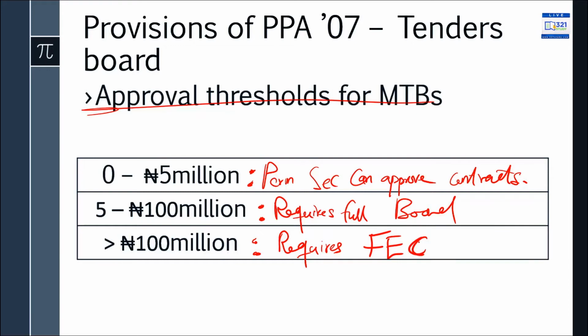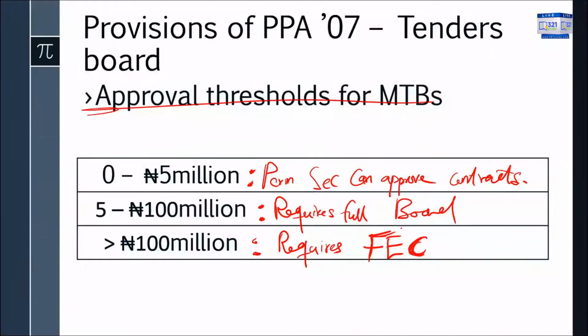This is so that the executive arm of government can have full control of larger contracts. The tenders boards in general are usually composed of the permanent secretary, that's the accounting officer, plus the heads of departments in the ministries.